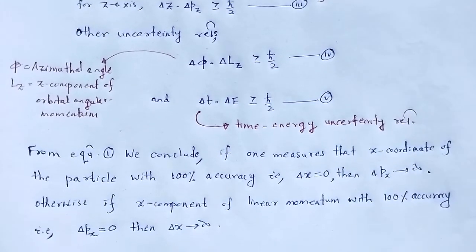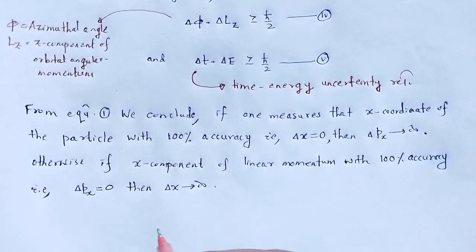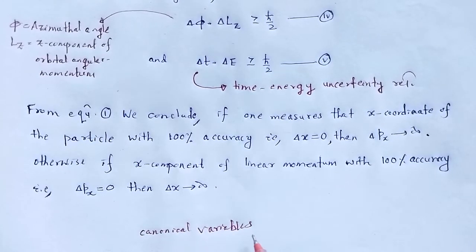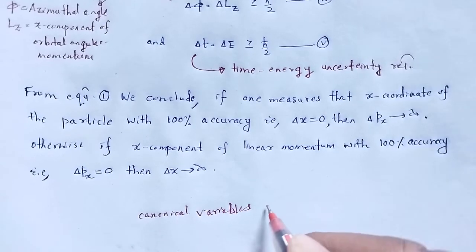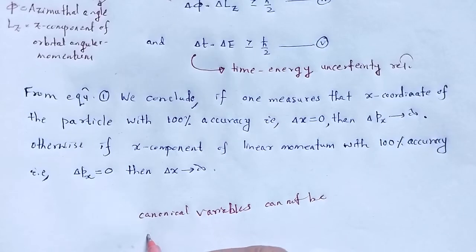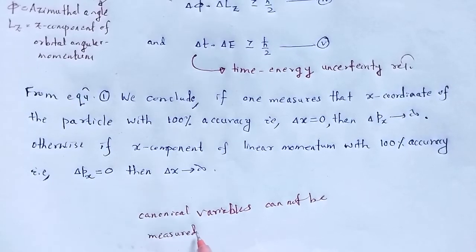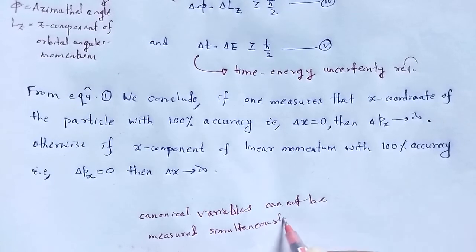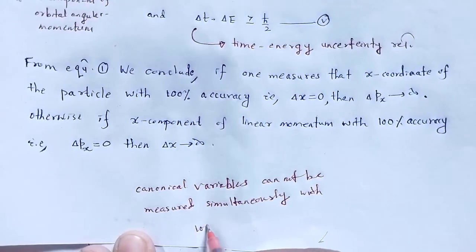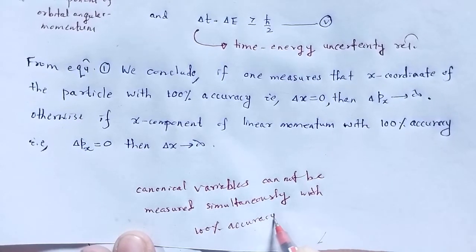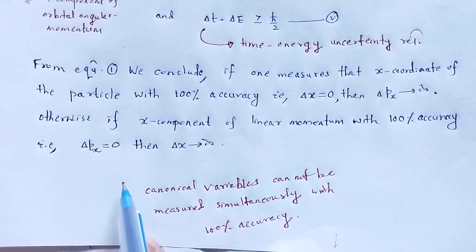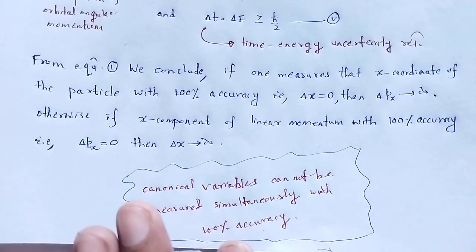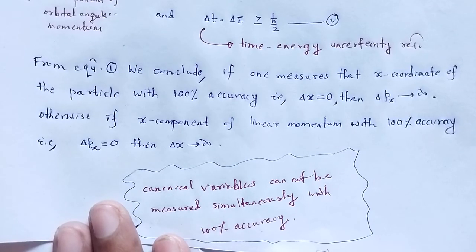Here you can write: the canonical variables cannot be measured simultaneously with 100% accuracy, as that particular principle indicates.